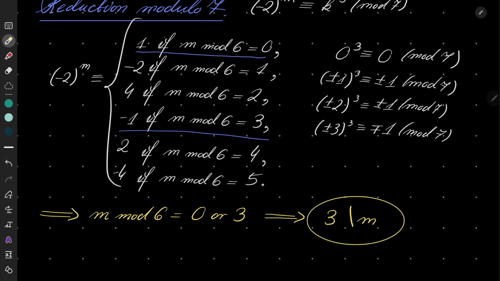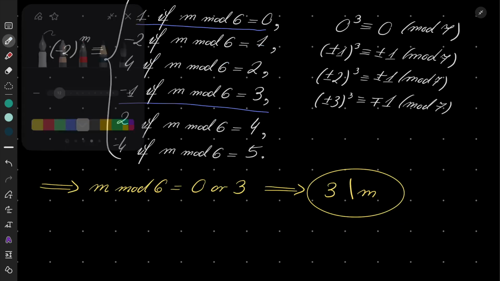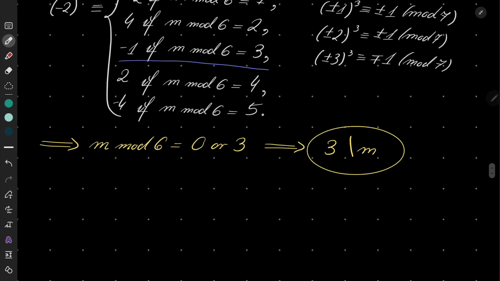Okay, very nice. Now let's take a break from reductions and let's go back to our equation. Our equation was 5 to the power of m plus 7 to the power of n equals k cubed.